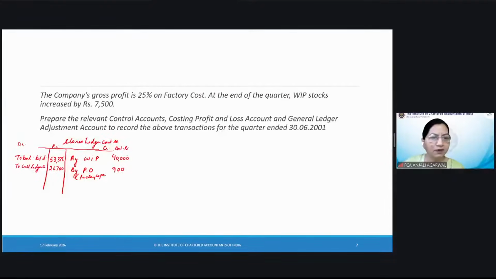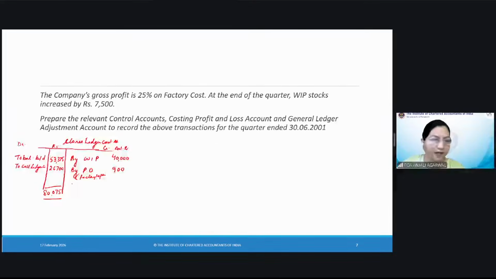Okay. So this is all about your stores ledger control account, which says that you had 53,375 already and you purchased another 26,700. So the total raw material that was there was 80,075, out of which 40,000 is used in production and 900 is used as production overheads.